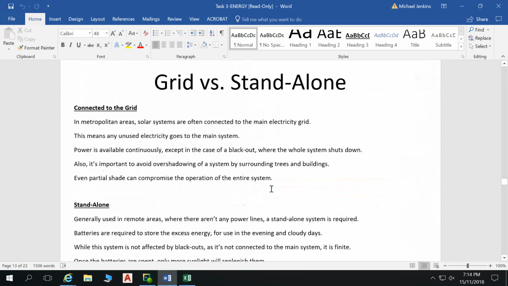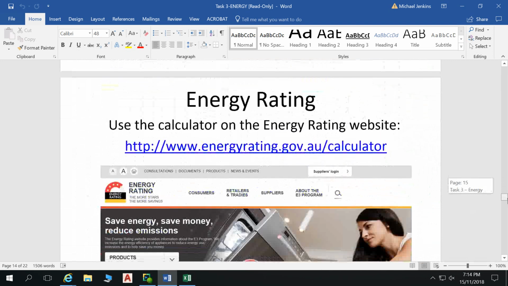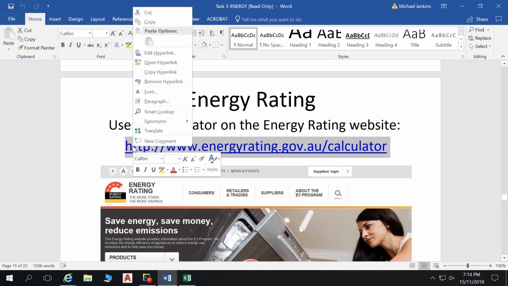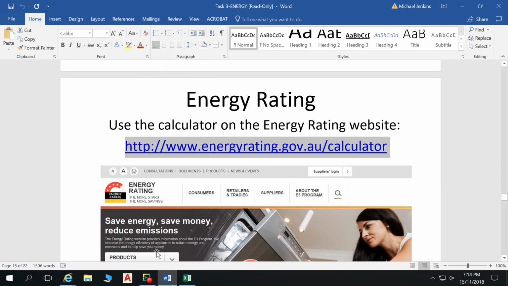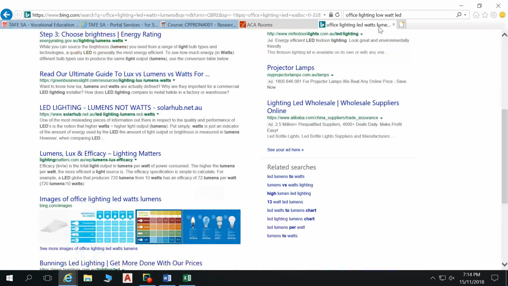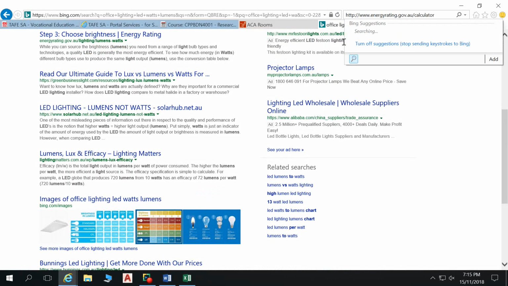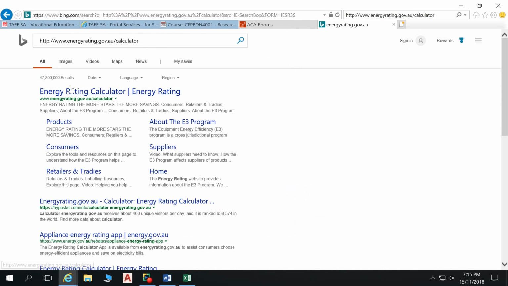For doing that comparison, further on down here, there's the energy rating calculator. I'll just copy that and paste it into here, so we're not opening from that link.